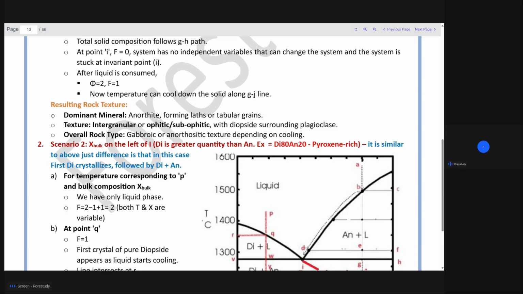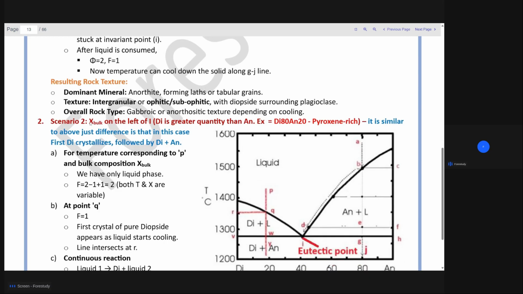So depending on the type of magma and the elements left in the magma, it will form gabbroic or anorthositic texture depending on cooling.